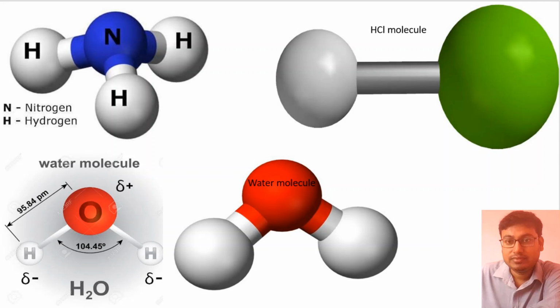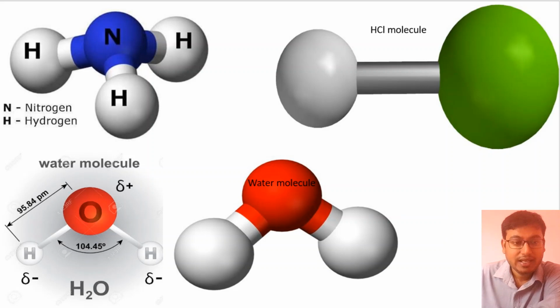The same thing happens in the case of the water molecule. As you can see on the screen, two hydrogen atoms are lying at the bottom and one oxygen atom is lying at the top. Here, because the electrons have shifted from the oxygen atom to the hydrogen atoms, that means hydrogen becomes slightly electronegative and oxygen becomes slightly electropositive.